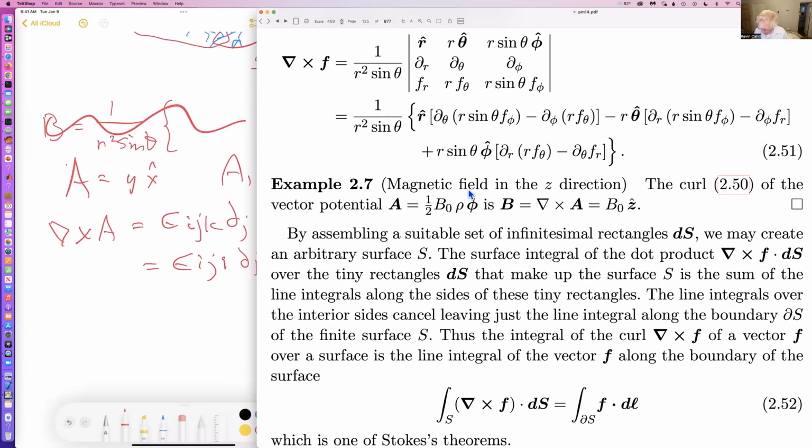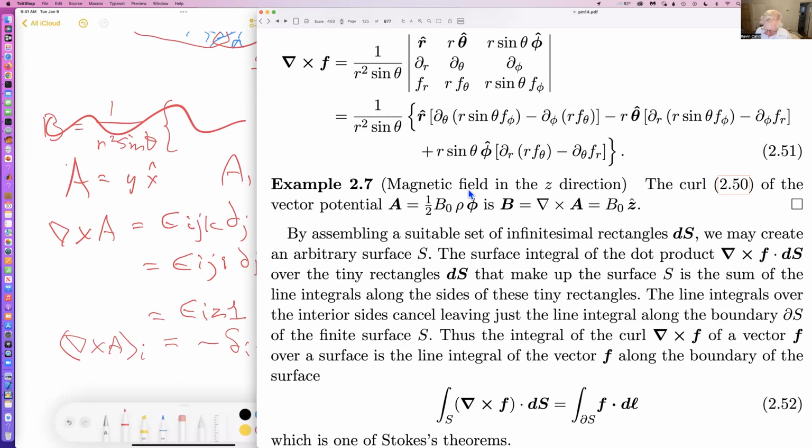Right. And now the only j that works is j equal to 2. So this is epsilon I 2 1 just times 1, and this then means that the curl of A, the ith component, I has to be 3, delta I 3, and we see we have a minus sign.